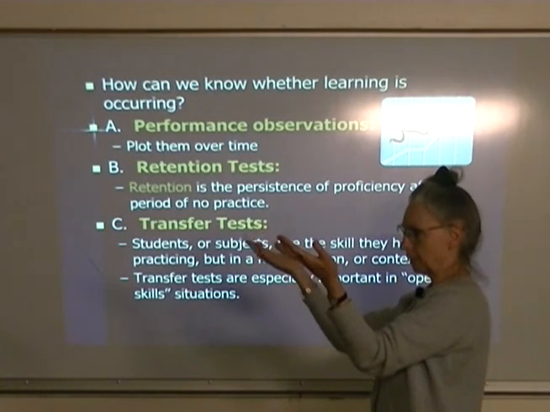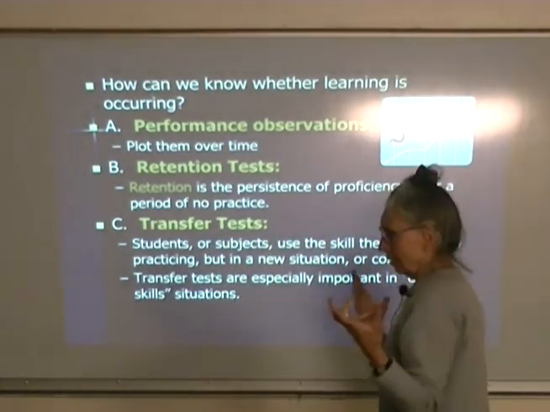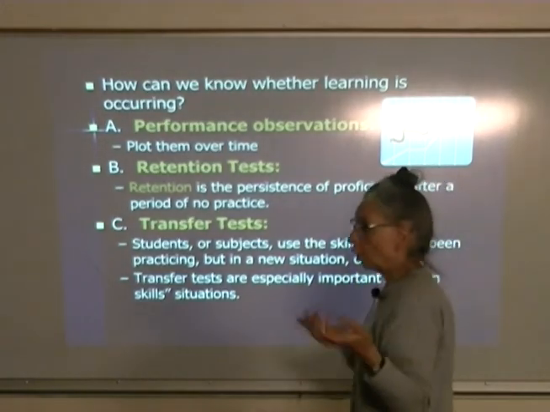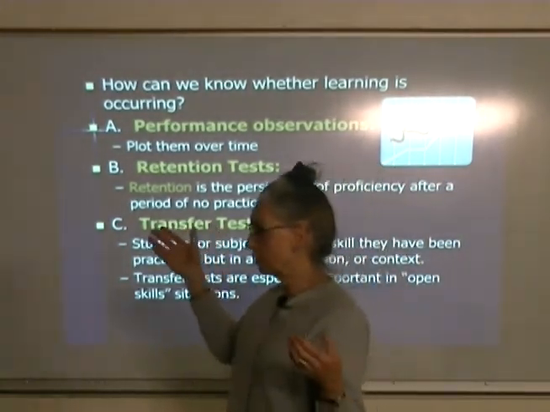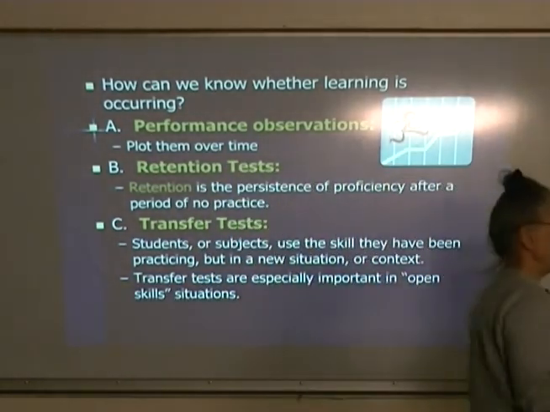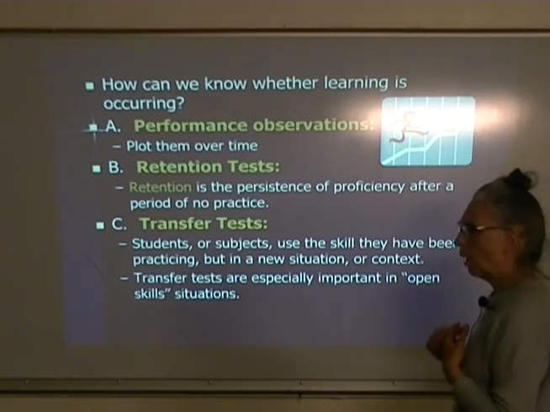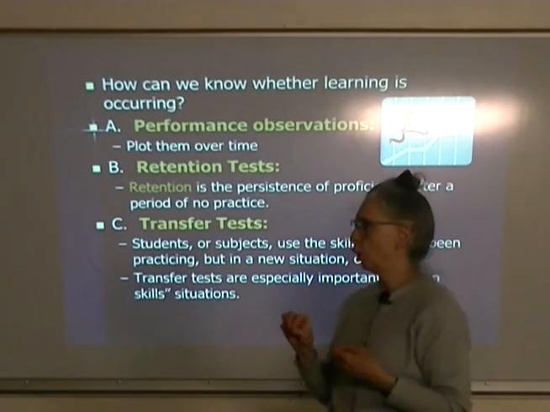I'm going to get that same performance over and over. The first way is just to plot performance over time on a graph, right? And that will give you an answer over time. But it's a lot of bother and it takes a long time to put that together. So there are a couple of other ways that we can check for learning.